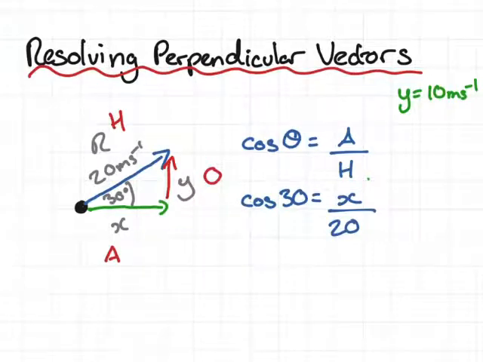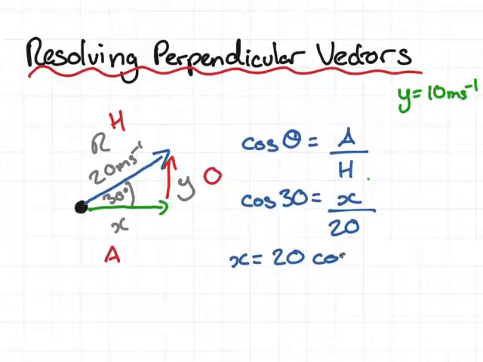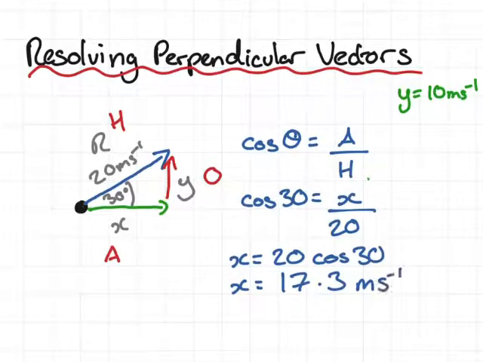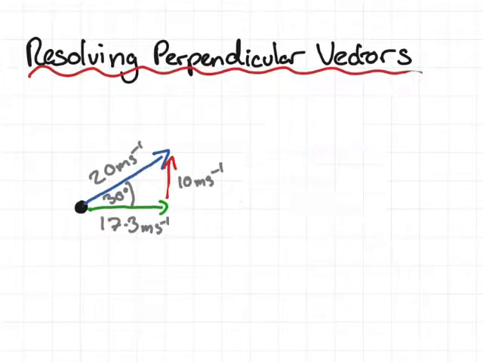I can then rearrange this so that x equals 20 times cosine of 30, and then x should come out as 17.3 meters per second. That is your components resolved: 17.3 meters per second for the x-axis and 10 meters per second for the y-axis.